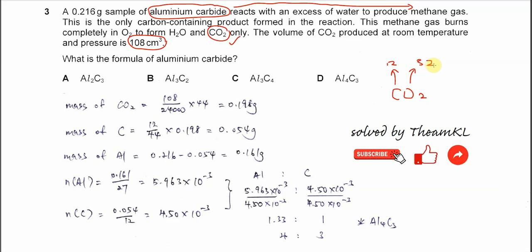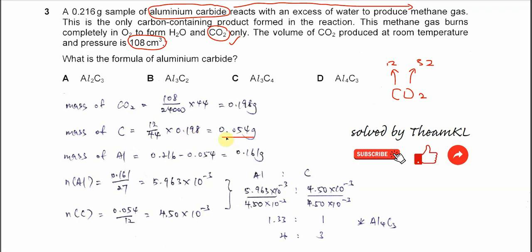So we need to get the mass fraction of the carbon using the mass of the carbon over the molar mass of the CO2. This is the mass fraction of the carbon in the CO2. Using this mass fraction times the mass of CO2, we will get the mass of carbon. So this is how we get the mass of carbon, from the mass fraction and the mass of CO2.